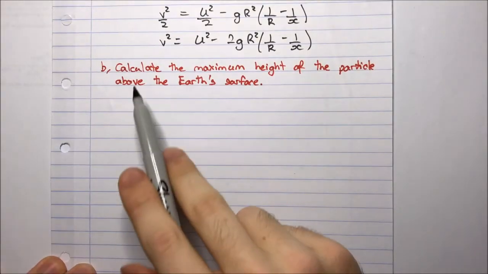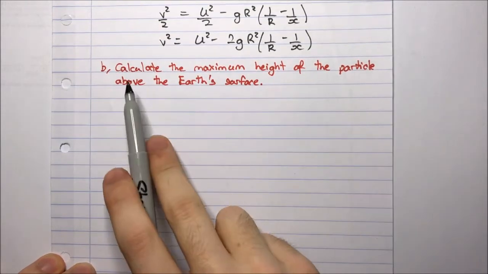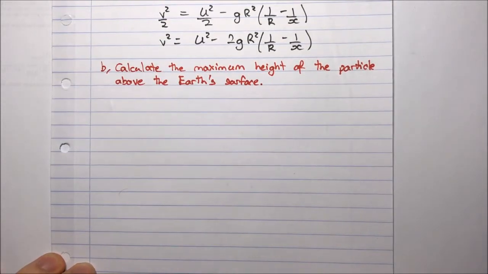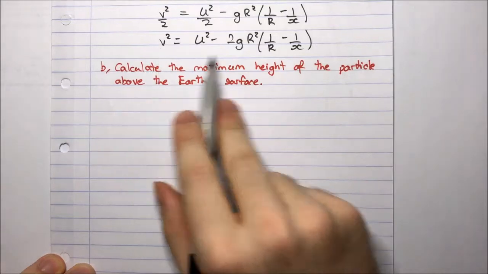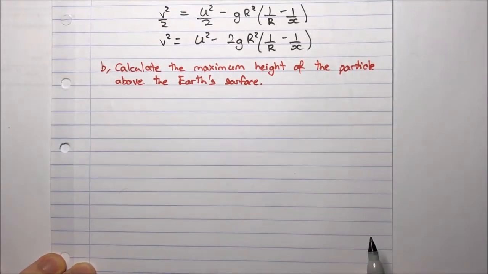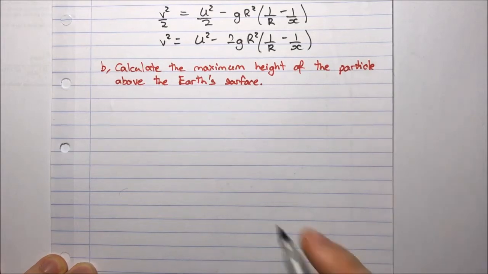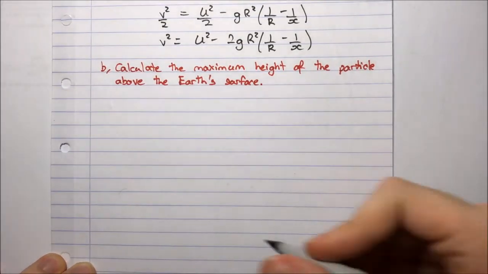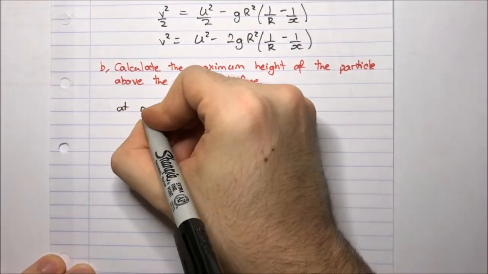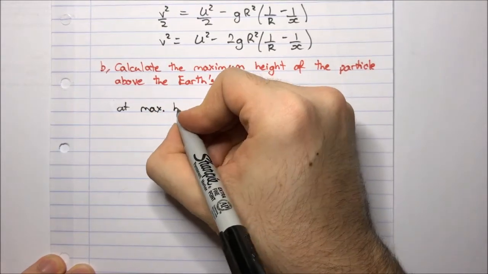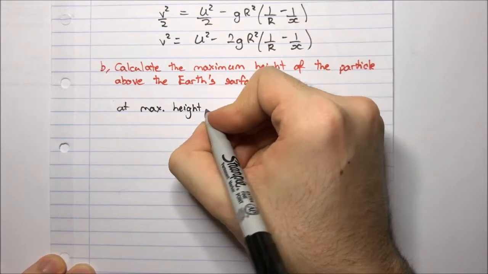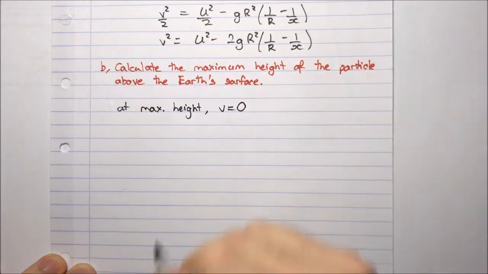So, part B, calculate the maximum height of the particle above the Earth's surface. Okay, so we're going to be using what we had established in the previous part to find the maximum height. So what do we know about maximum heights? At the max height, our velocity is going to be equal to 0.